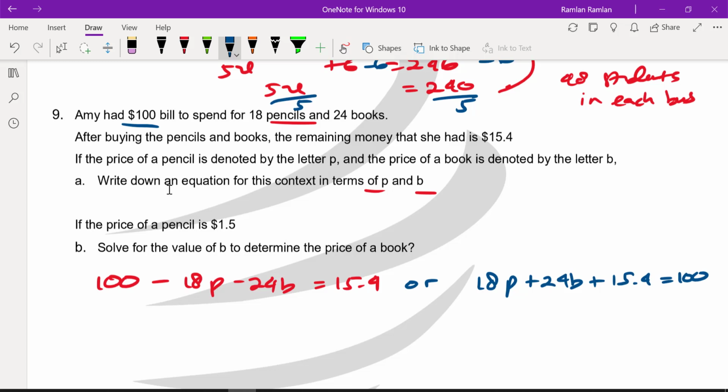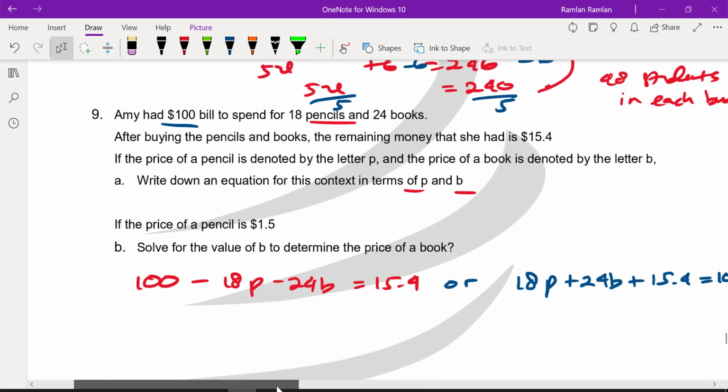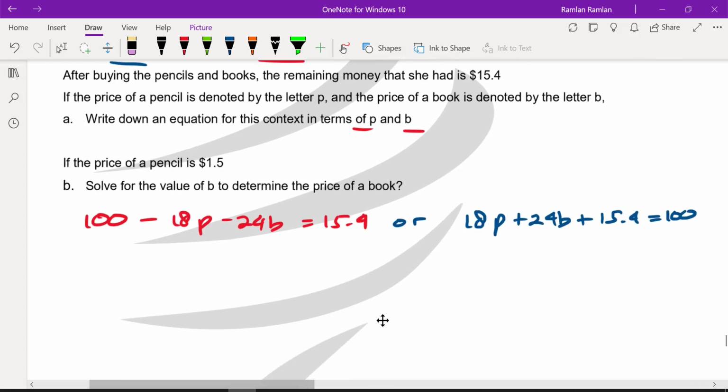So you can choose this one or this one. Both of them work just fine. I'm going to choose this one this time to be solved. You don't have to do anything with this, except if I'm asking you to simplify. So that is for question A.